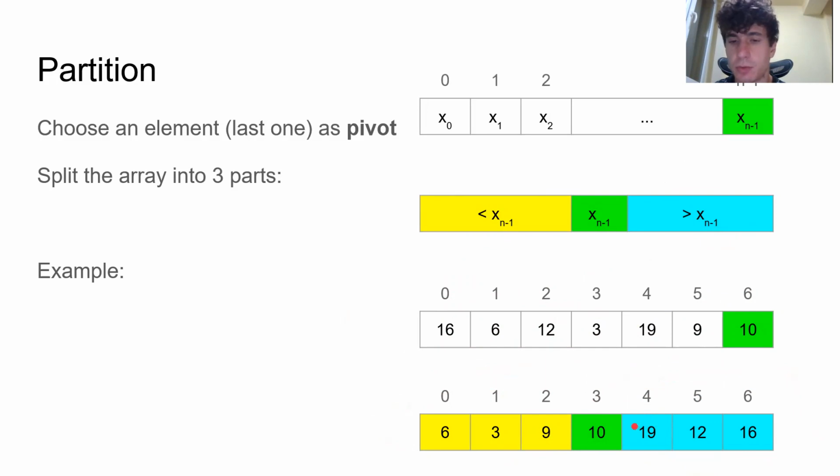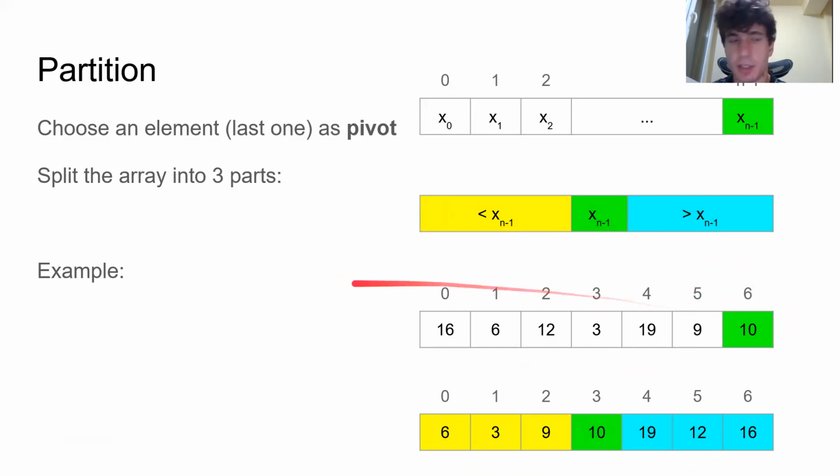And this is useful because once we do this, we know that this element 10 is in the right place in the sorted array. So after we do this, we can just repeat this for the left part and right part, and finally we'll have a sorted array.